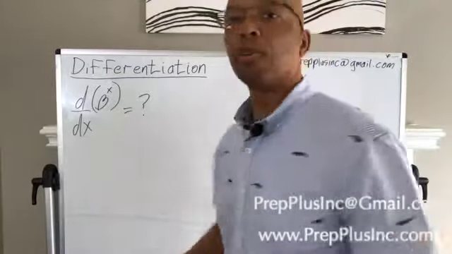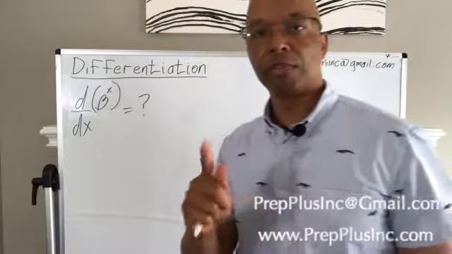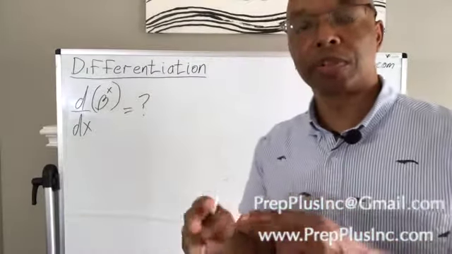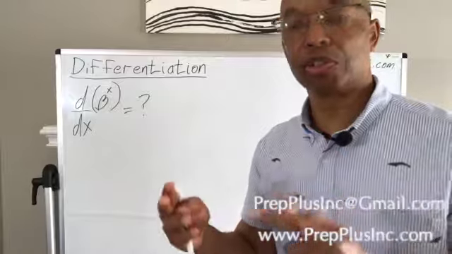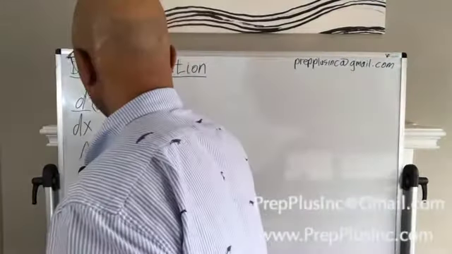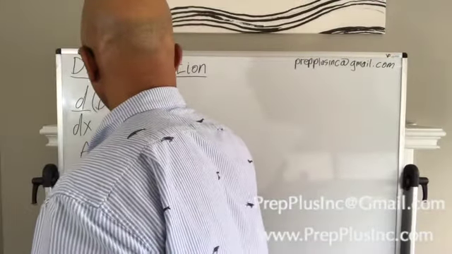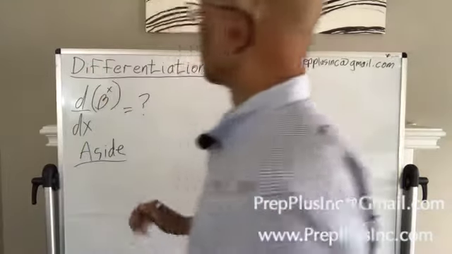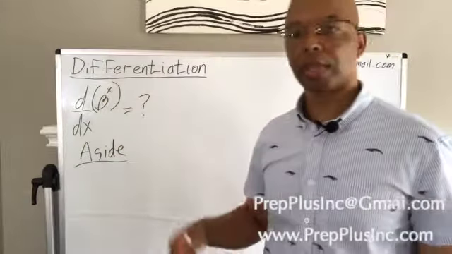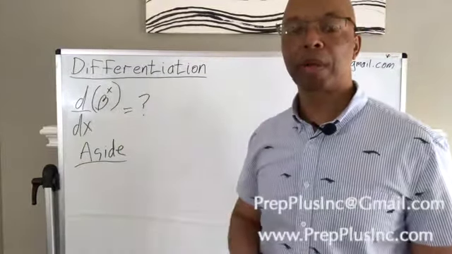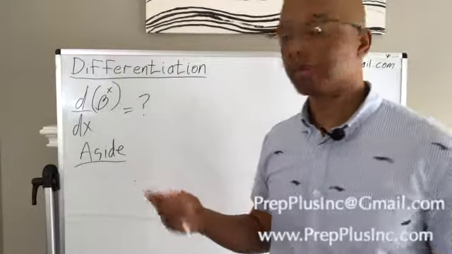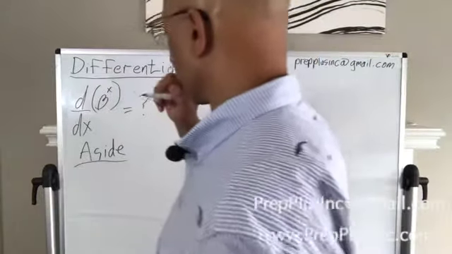So let's do an aside first to just convince ourselves of a solution strategy. When you see an exponent like this, beta raised to the x power, think logarithm.